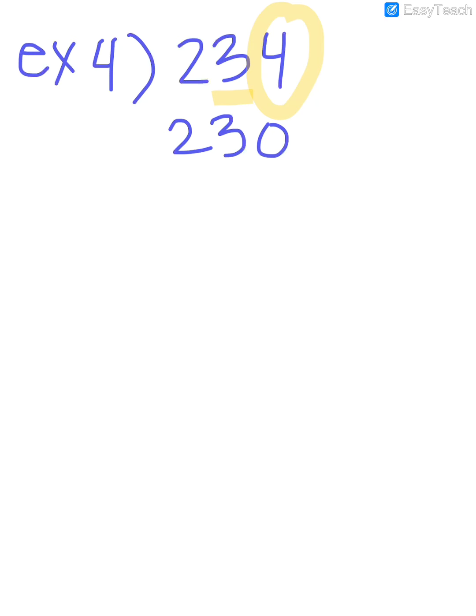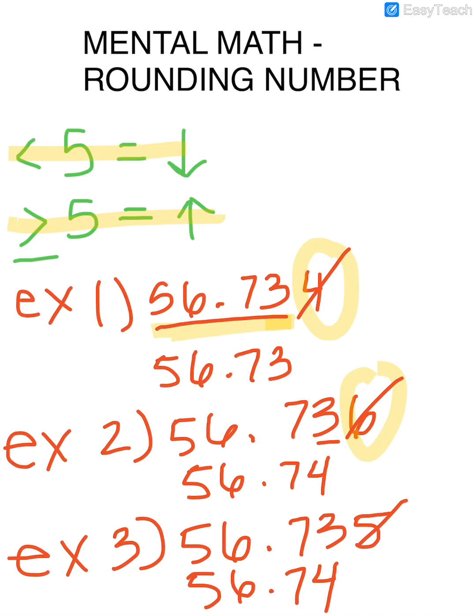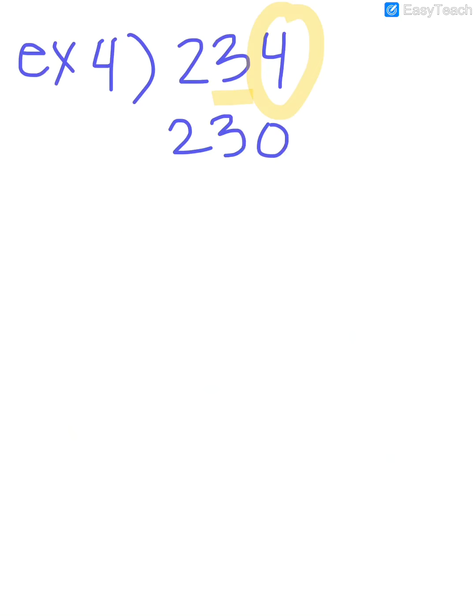But with decimals, the reason we just leave it like this and don't add a 0 over here is because zeros after the decimal place don't have any real value. So this number and this number have the same meaning, if that makes sense. So I'll give you guys one last example.